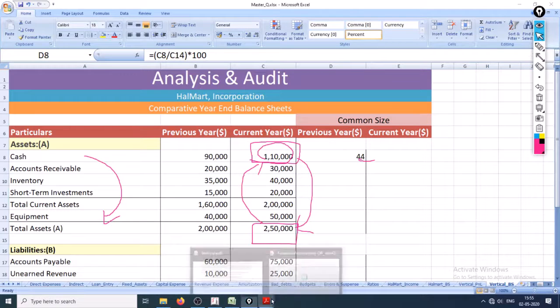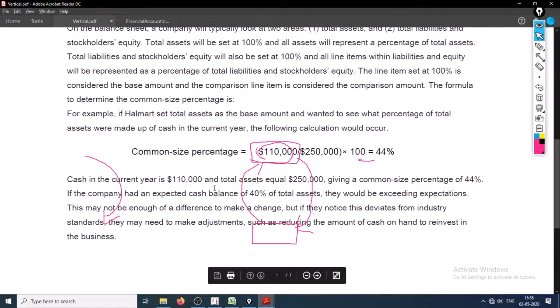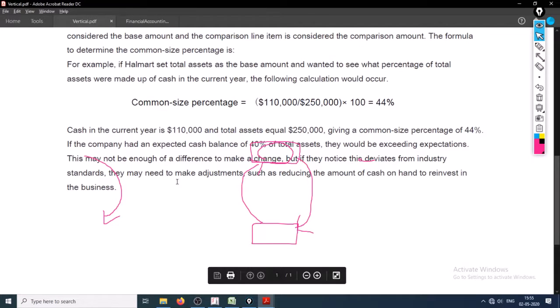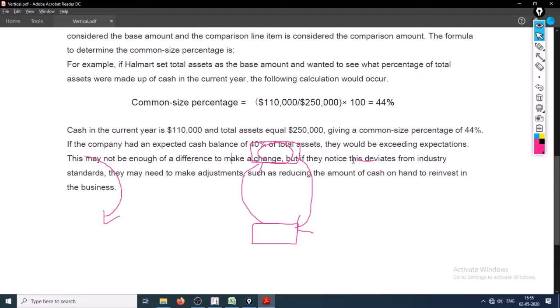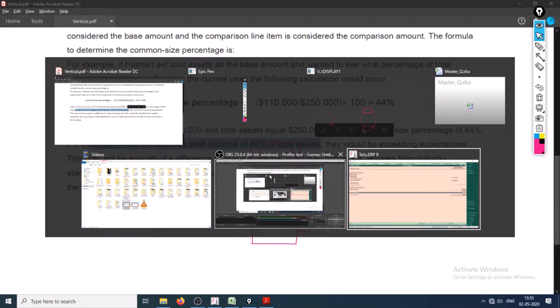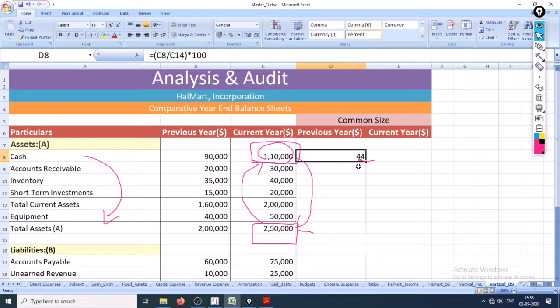Now let's see what it wants to say right here, that is, what can we analyze? Cash in the current year is 40%. They may not be enough to make a change, but they make adjustments such as reducing the amount of cash. Suppose it is saying right here that if the company had an expected cash balance of 40% of total assets, then they need to understand why it is 44%.